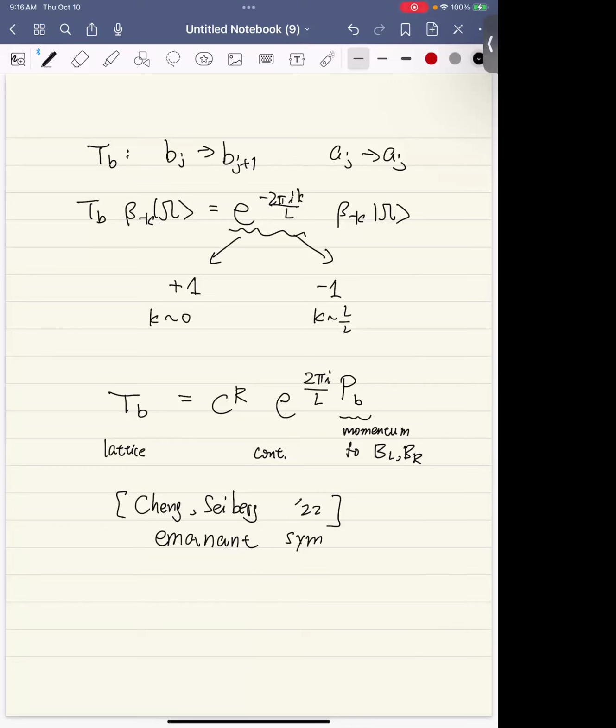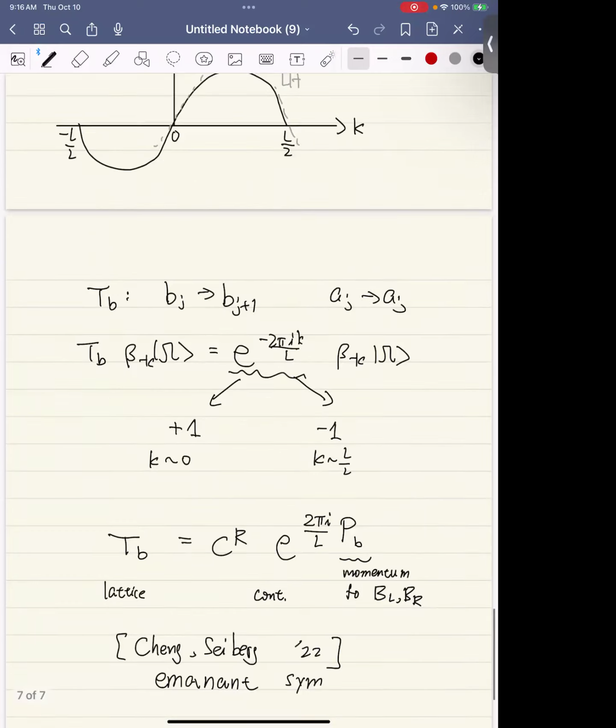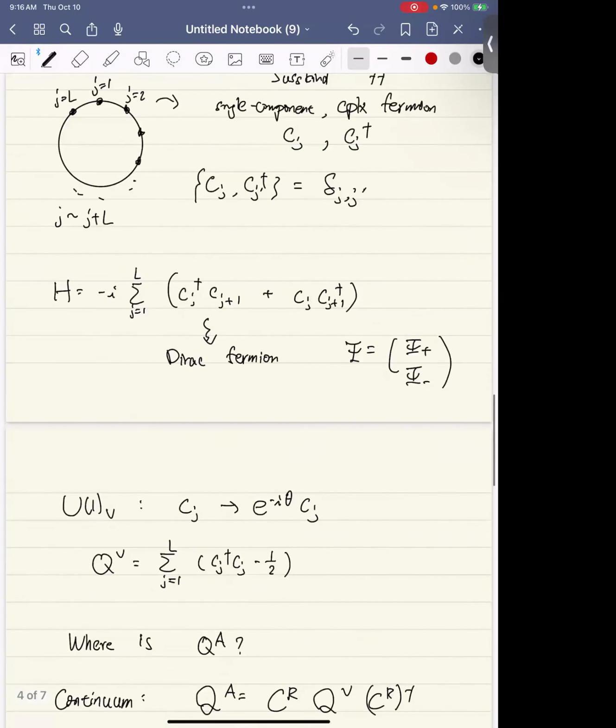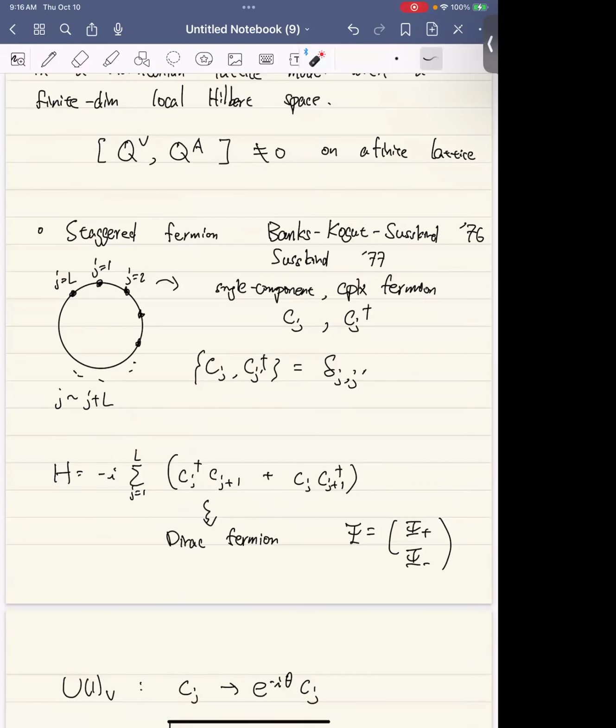Somehow the split into A and B is really important, right? That you're only translating the B guys. Yeah, I think that's probably the only non-trivial thing about this paper. If you think about this model in terms of the complex fermions, you wouldn't think about this T_B. It acts on the complex fermion in a very complicated way. So the mental block to realizing the axial symmetry is that you should break the complex fermion into real fermions.